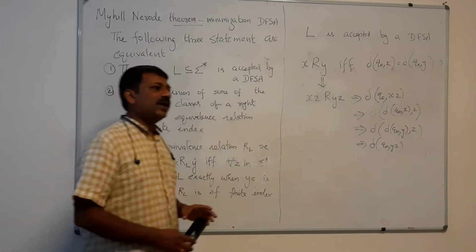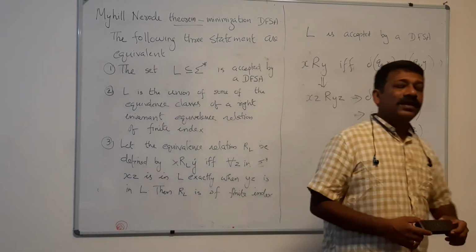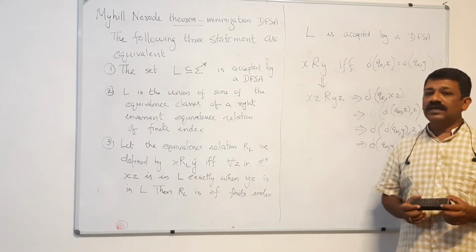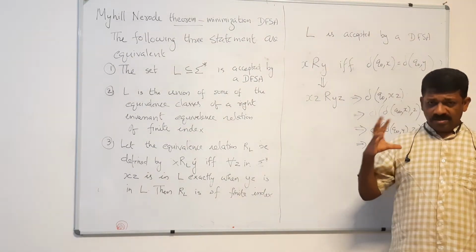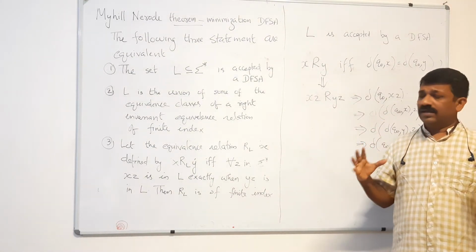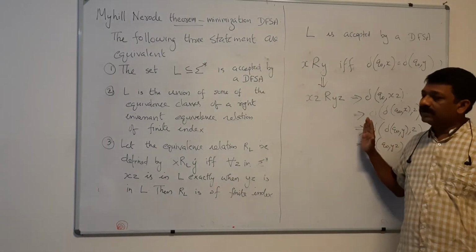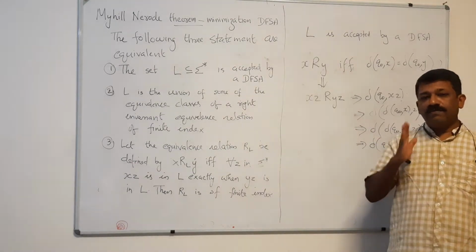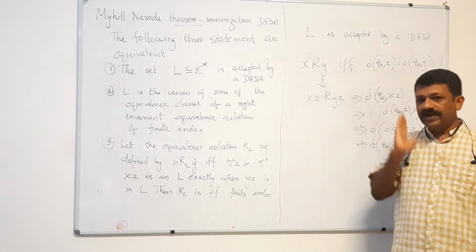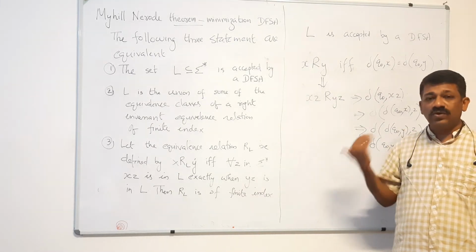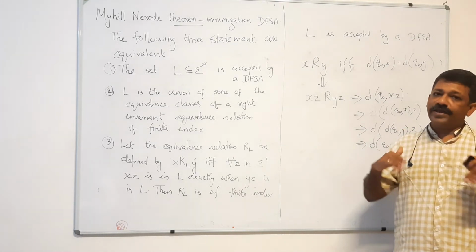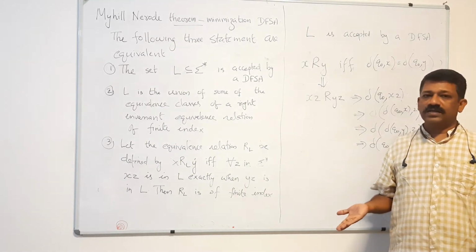Finite index means the number of equivalence classes in a relation. That is called the index of an equivalence relation. How many equivalence classes are there? Here, for a deterministic finite automaton, as the number of states is finite, the equivalence classes formed are also finite.